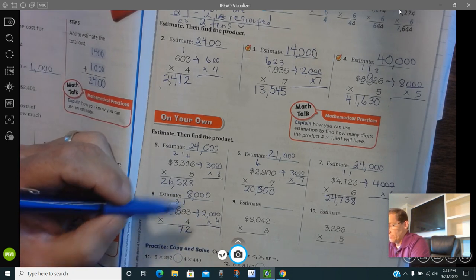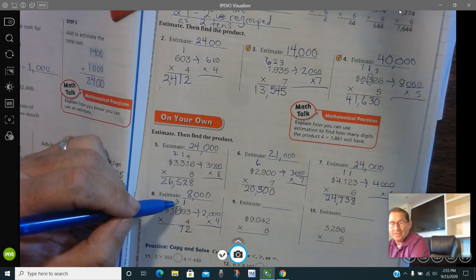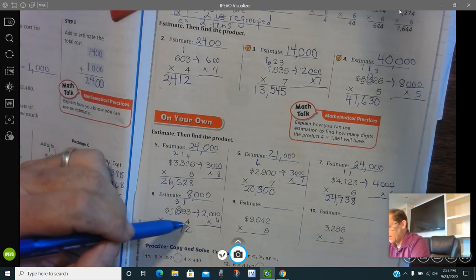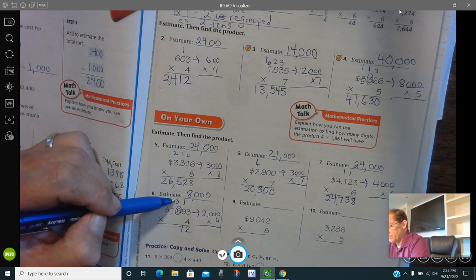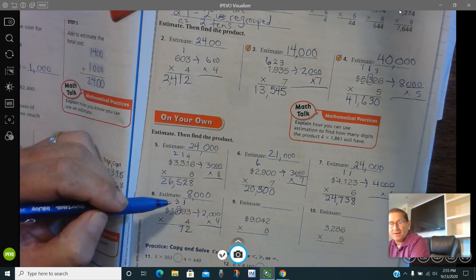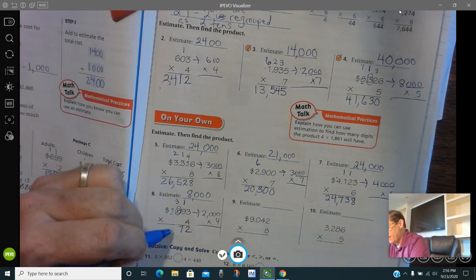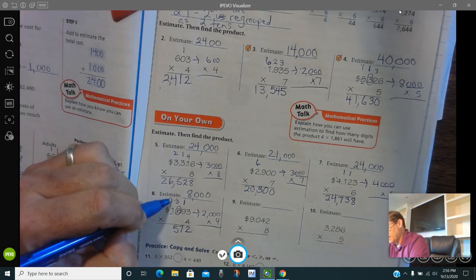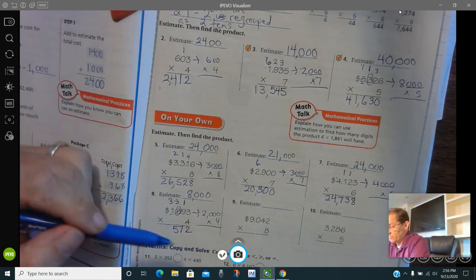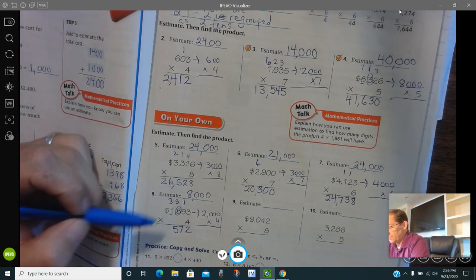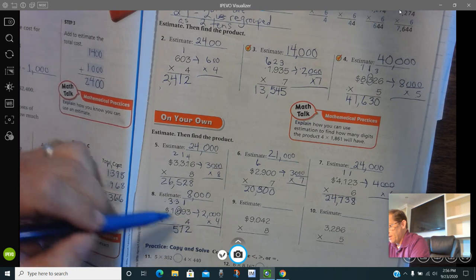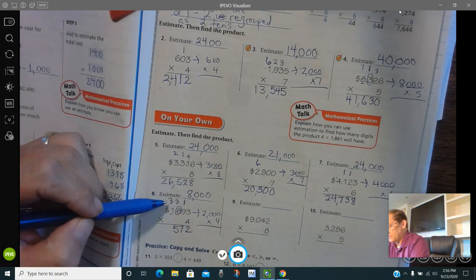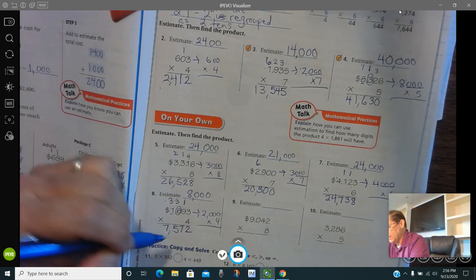Regroup 30 of those 37 tens as 300s and 7 tens. 4 sets of 800 is 3,200, plus the 3 regrouped hundreds gives us 3,500. 4 times 1,000 is 4,000, plus 3 more gives us 7,000.